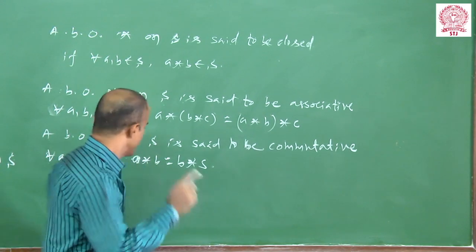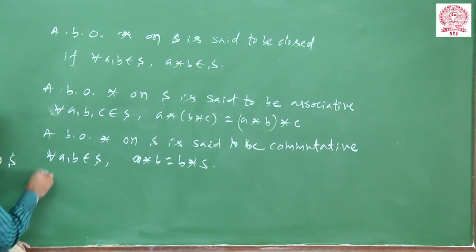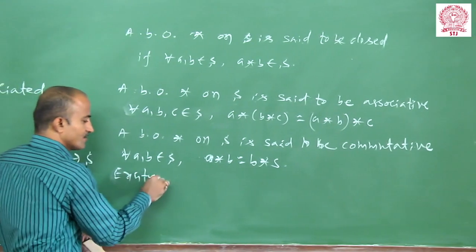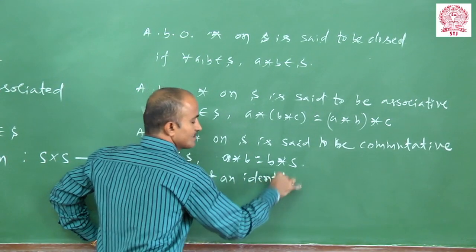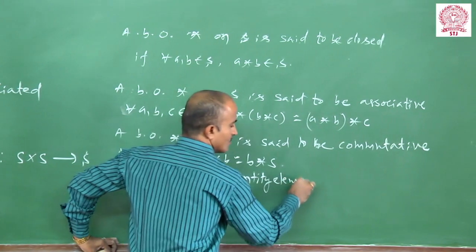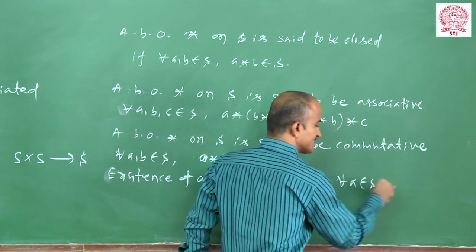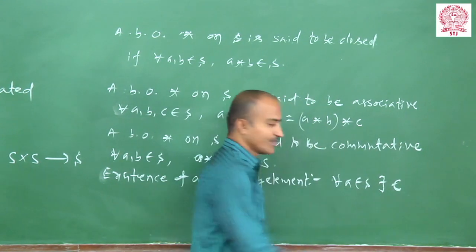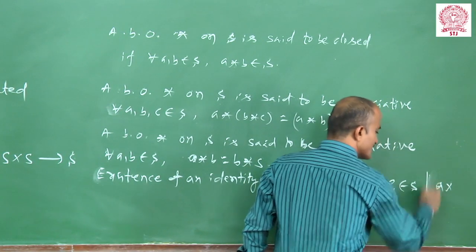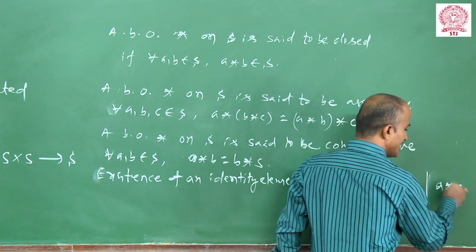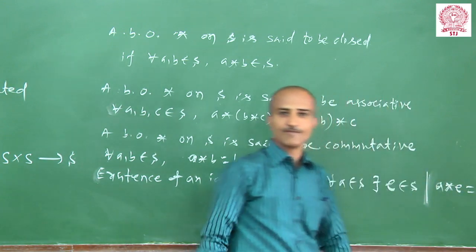In general, the existence of an identity element: if for all A belongs to S, there exists an element E belongs to S such that A star E is equal to A equals E star A.